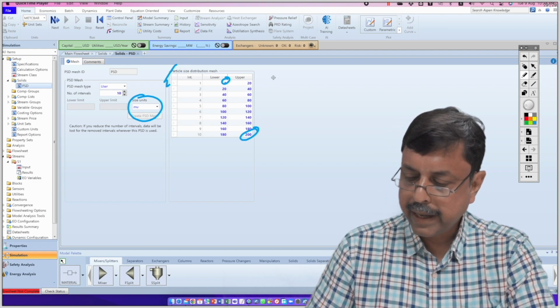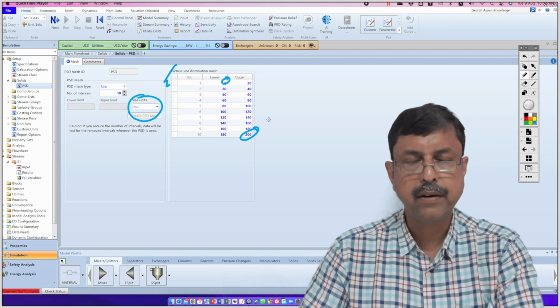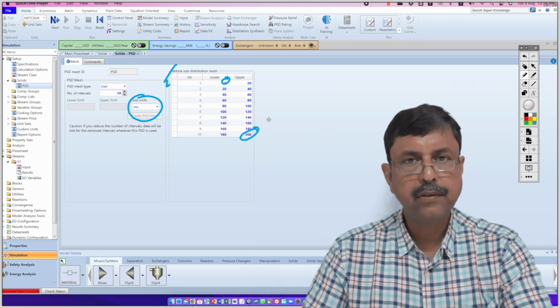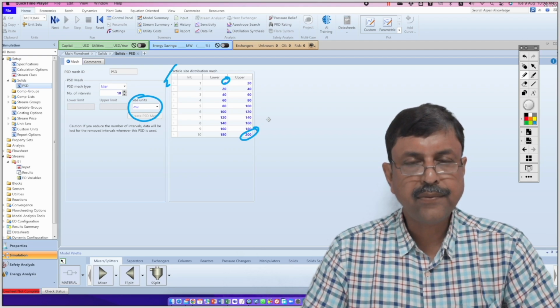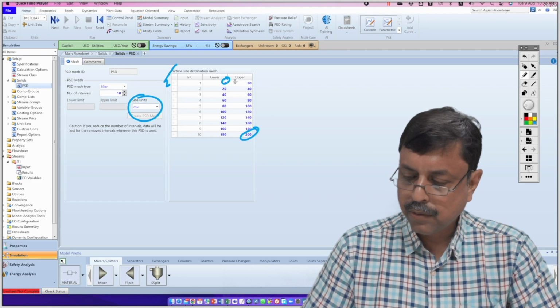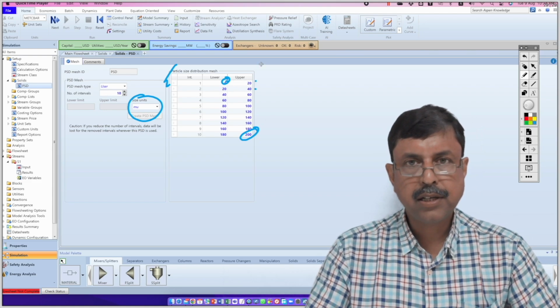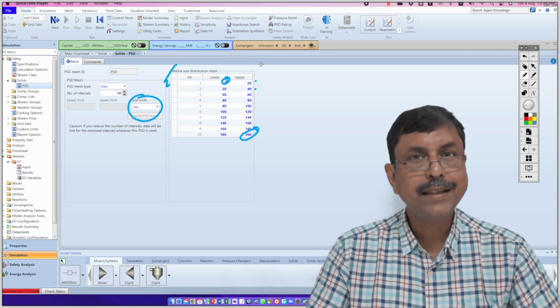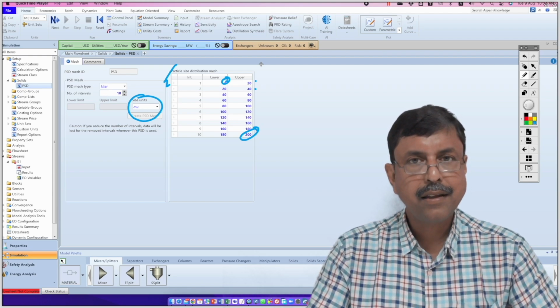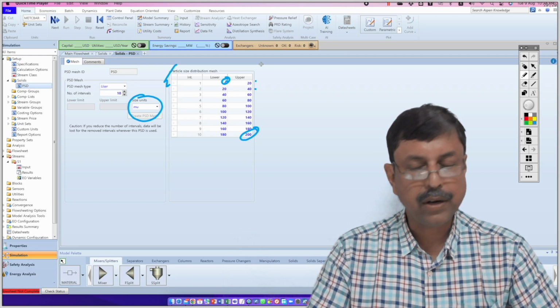And also the range, I mean, 0 to 200. How do I know that 0 to 200 is the ideal size for us? And that also, this 0 to 20, 20 to 40, that mesh size is ideal for us. So you can change this mesh size as per your requirement.